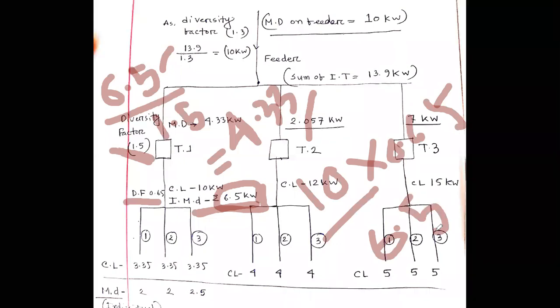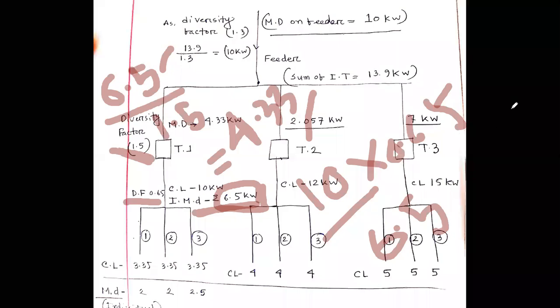If we cross multiply the connected load by the demand factor, we get the maximum demand 6.5. But that is the sum for everyone, because the connected load is for every person. So I hope that you understand how we get the maximum demand on transformer 1.